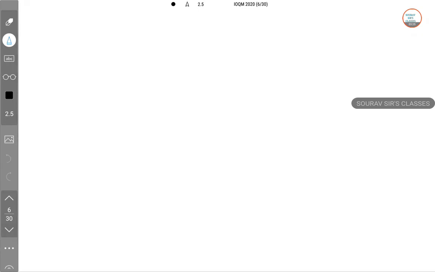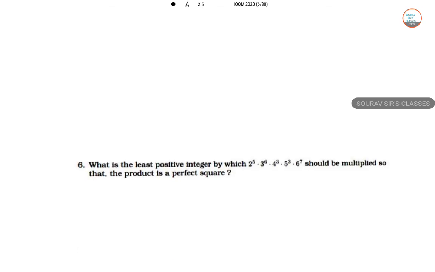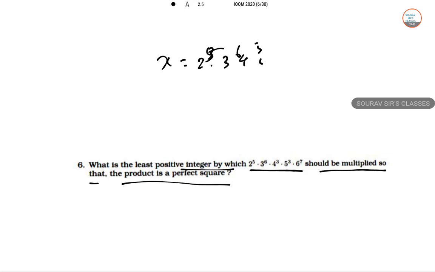Next, question number 6. What is the least positive integer by which this whole thing should be multiplied so that the product is a perfect square? So let x equal to 2 to the power 5, 3 to the power 6, 4 cube, 5 cube, and 6 to the power 7.